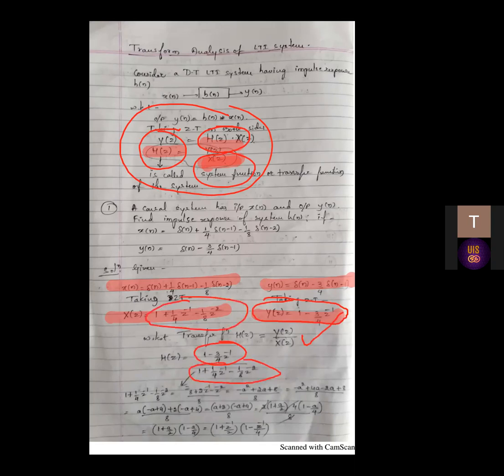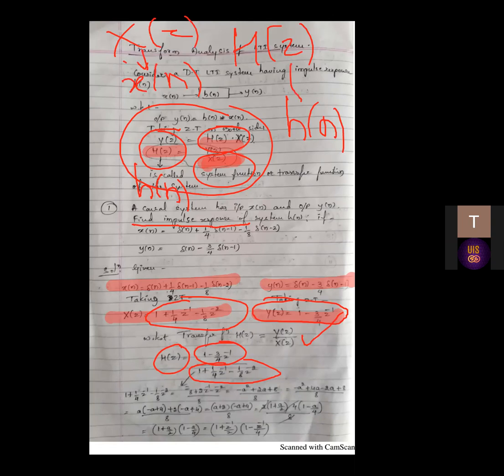Now we have got h of z, but we need to find the impulse response, that is, h of n. H of z is there with us, we want h of n. It is just like x of z is there with us, find x of n. How will you do this? We need to apply the inverse z transform.